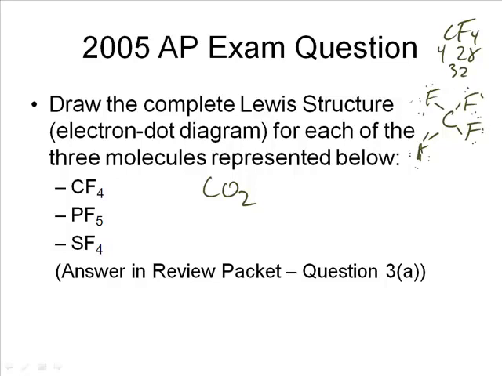And I've got 32 electrons here. And I've only got 32 electrons, so I'm out. I have no electrons left over, so I don't put anything on the carbon in the middle. The carbon already has 8, so we're done. So a CF4 molecule looks just like that.